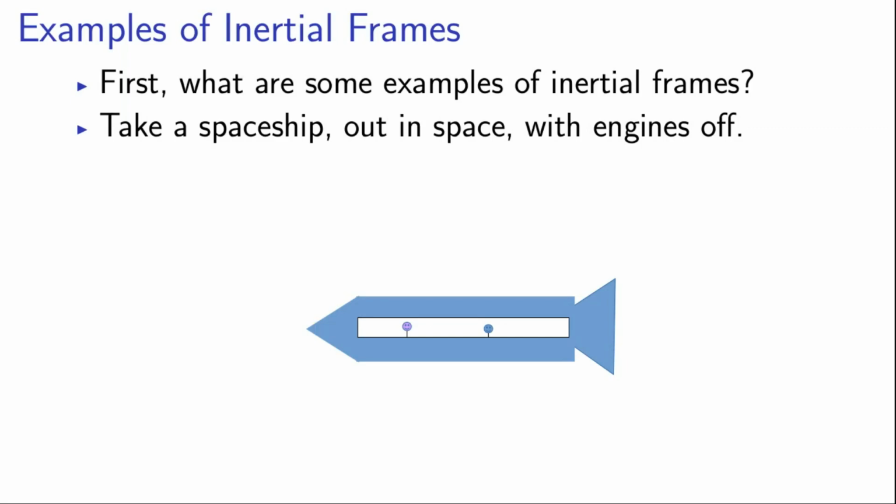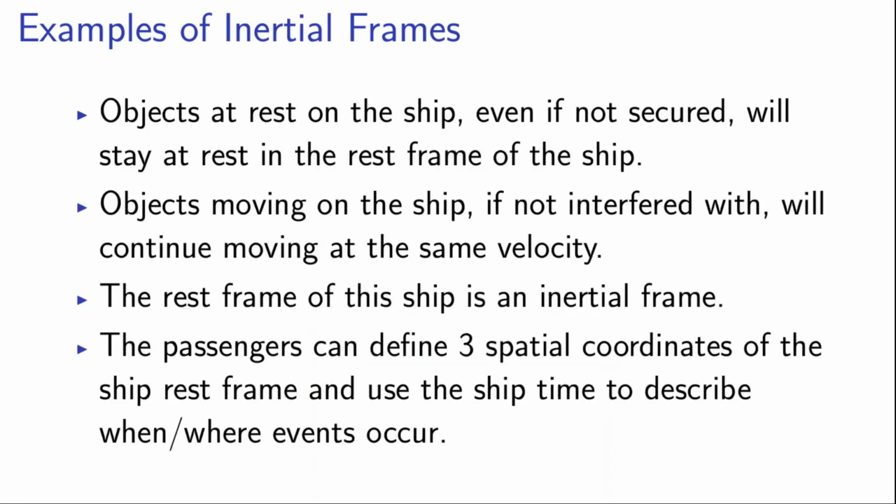Okay, first, what are some examples of inertial frames? Take a spaceship out in space with engines off. Objects at rest on the ship, even if not secured, will stay at rest in the rest frame of the ship.